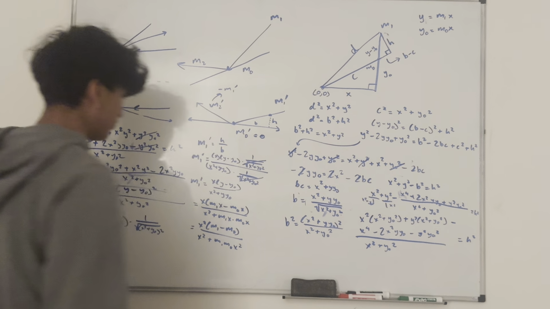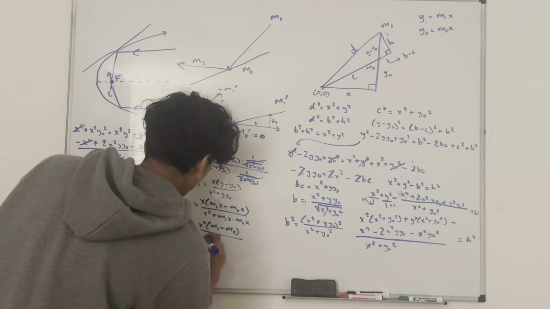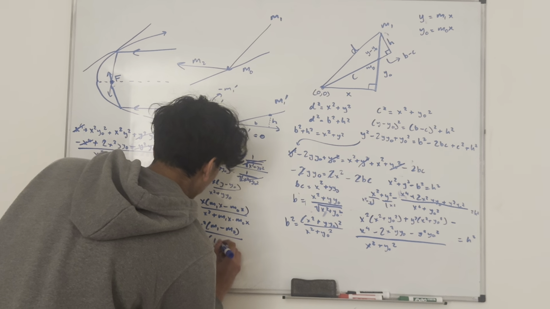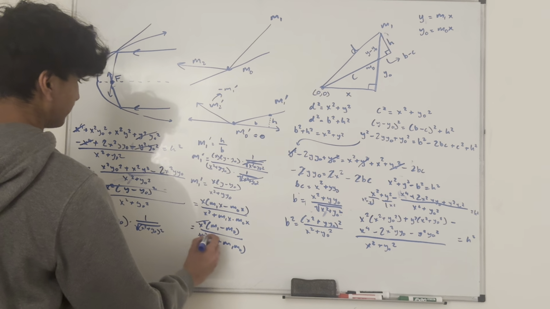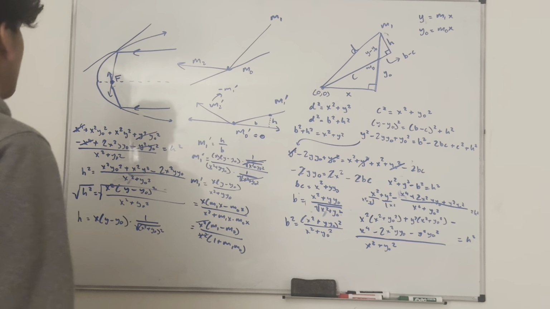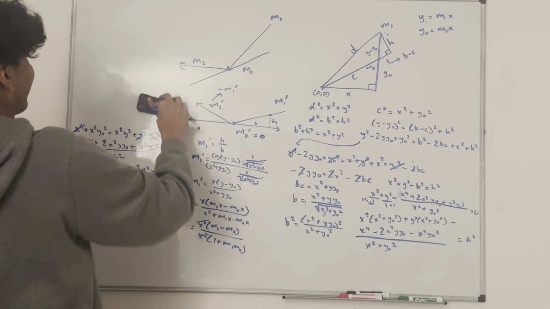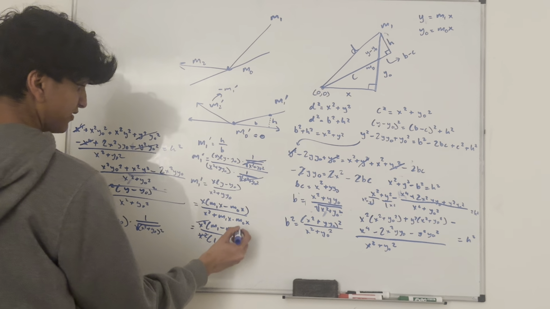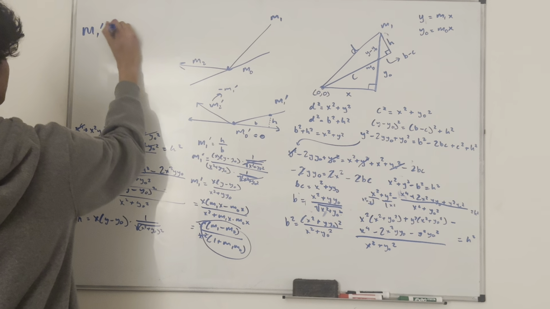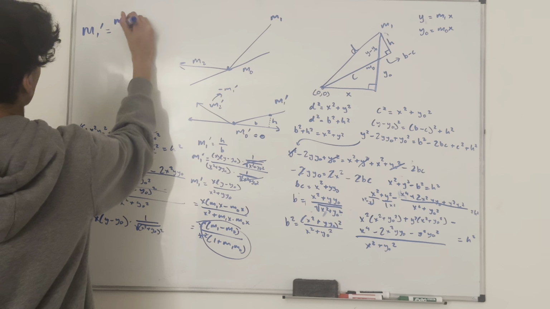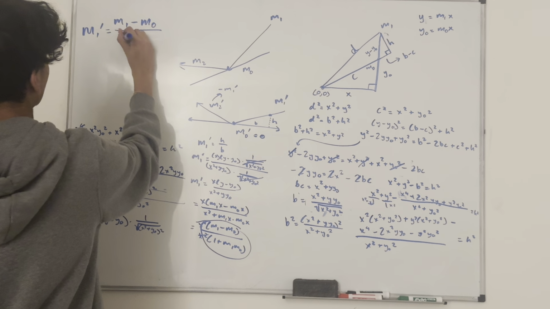Then I can also factor out an x squared, and I get x squared times 1 plus m1 m initial. And then, of course, the x squareds cancel out. So what I get, I'm going to erase the mirror, because this is important, is m1 prime is equal to m1 minus m initial, the difference of the slopes, over 1 plus the product of the slopes.